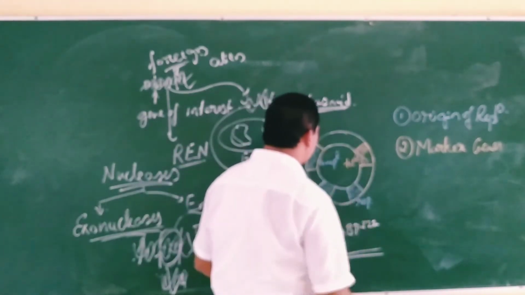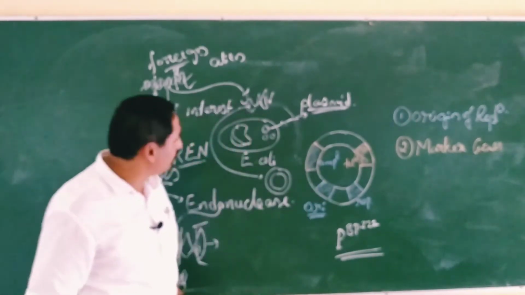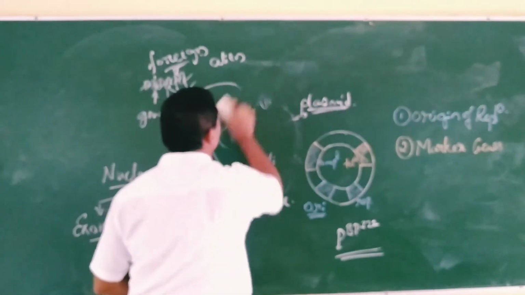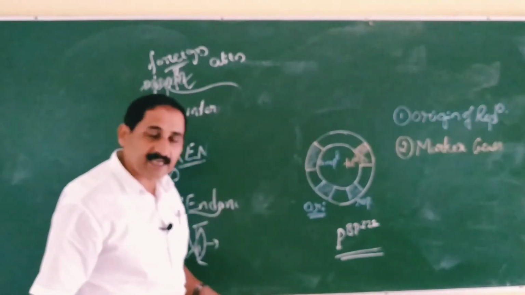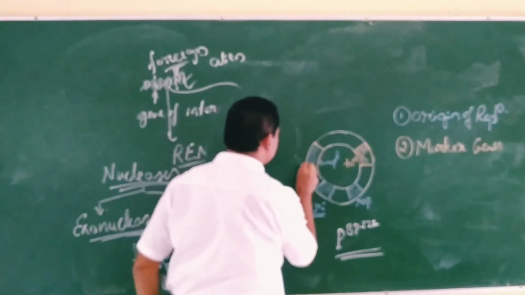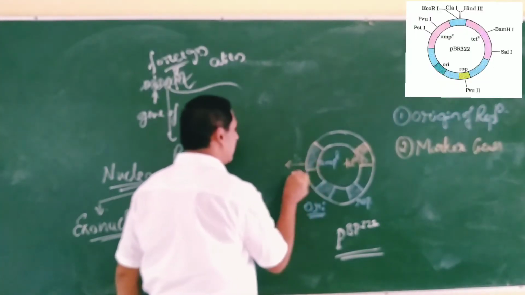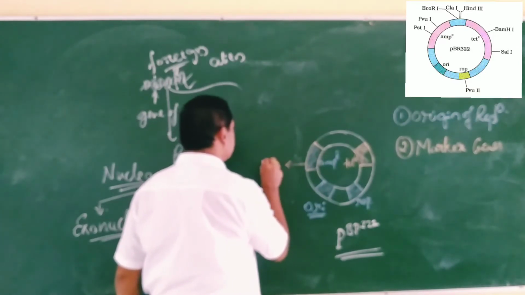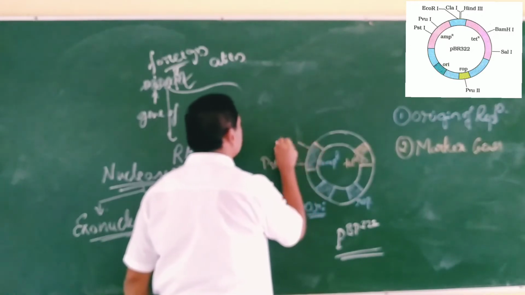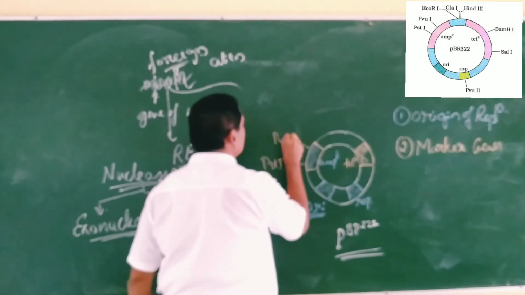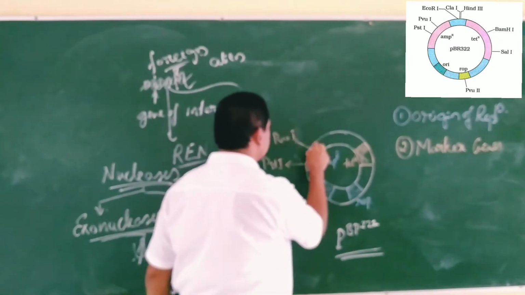We can see a multiple cloning site in this. If you add different REN, restriction endonucleases, they cleave the DNA strand in the plasmid. So we can see PstI, a type of REN, and PvuI, also a REN that cleaves in this position.